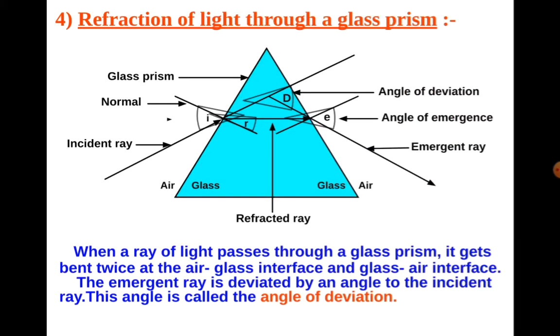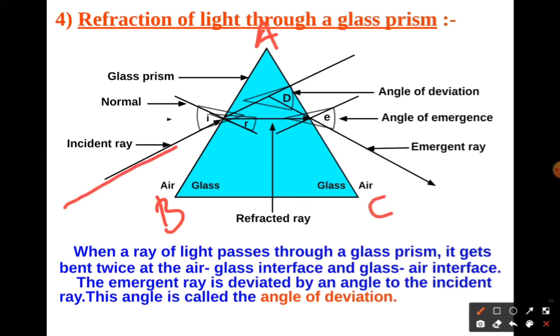By doing one activity we can learn how light is refracted by this glass prism. You can take a glass prism here. Think of this as A, B and C. When an incident ray comes through the face AB, it is coming from the rarer medium to the denser medium.